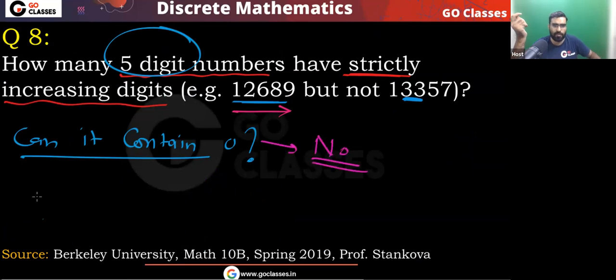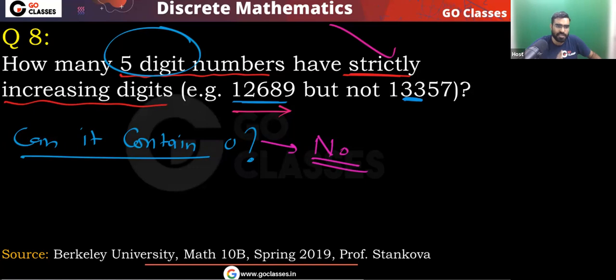Now you tell me one more thing. You want strictly increasing. So can any digit repeat? Is it possible some digit can repeat? It cannot repeat.